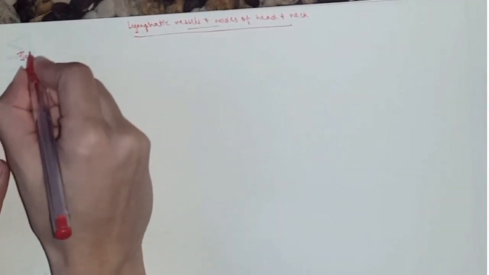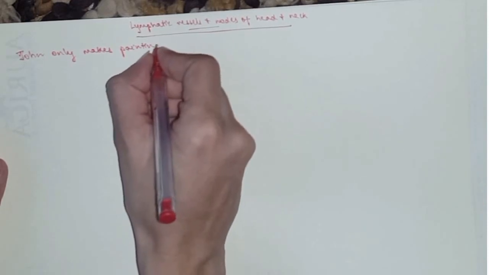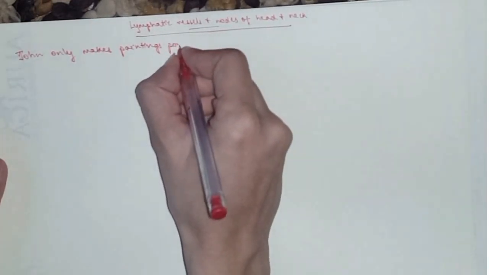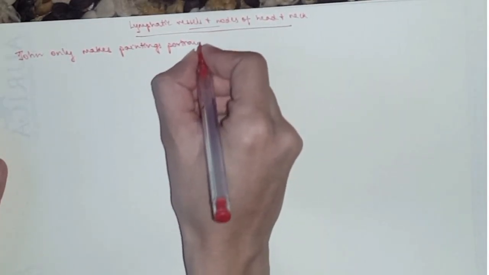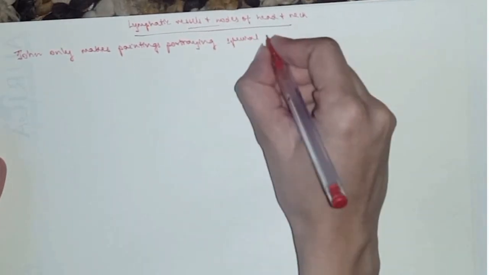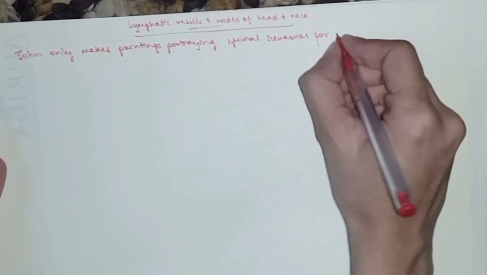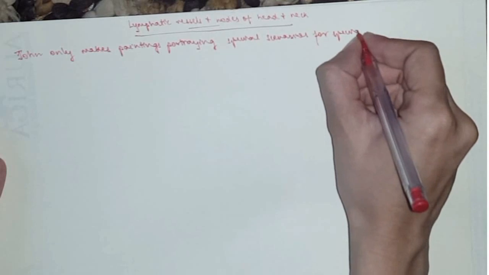So, our mnemonic goes: John only makes paintings portraying special scenarios for special people.